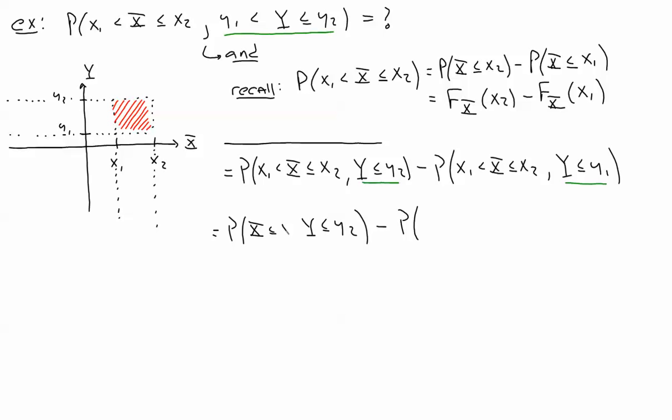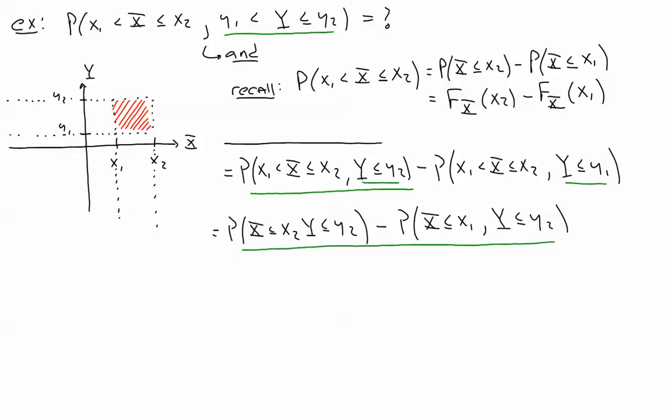All right. And minus x less than or equal to x1, comma y less than or equal to y2. So these two probabilities give me that result.